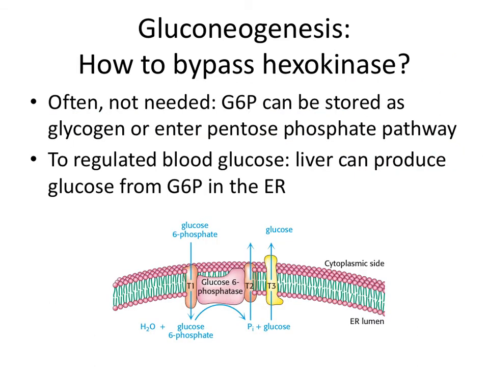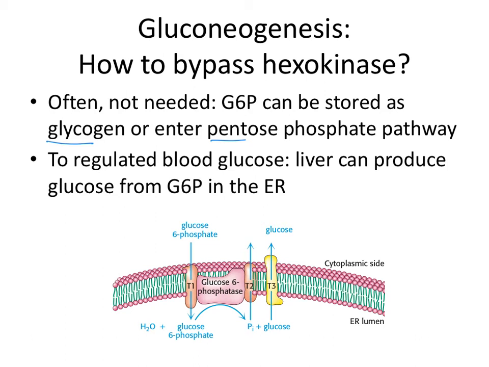To get all the way back to glucose in the gluconeogenesis pathway, we need to bypass hexokinase. This is often not a step that's needed because G6P or glucose 6-phosphate can be used elsewhere in the cell. That is, it can be stored as glycogen or it can enter the pentose phosphate pathway to create nucleic acids.